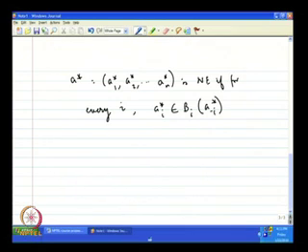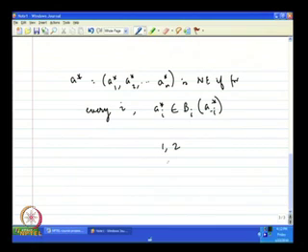Which means that given other players are playing a_-i star, a_i star, the Nash equilibrium action, must belong to the best response function of player i. And this is obvious because, if you remember the definition of Nash equilibrium, given the actions of the other players, I should be doing my best, and that means that action must belong to my best response function. It is as simple as that. And the crucial thing is that this should happen for everyone.